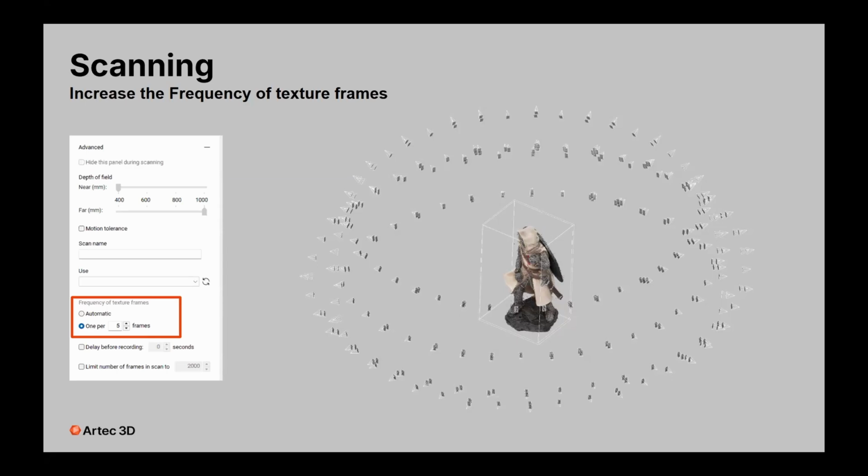I would say that 1 per 5 frames is a good starting point for, let's say, Eva and Spider II, and for the Space Spider, the first Spider, something like 1 per 3 frames is going to be suitable. And of course, you could also set up this setting on your Artec Leo in the Leo user interface.